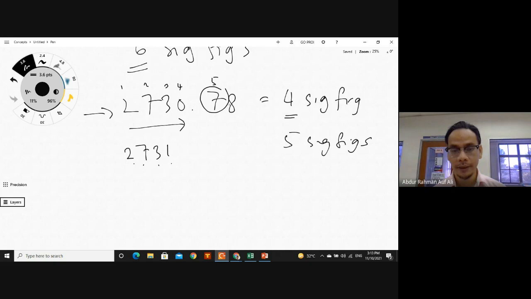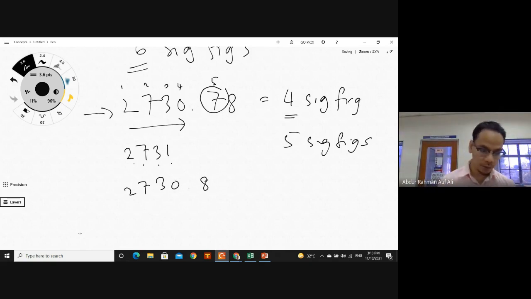So kalau kita bundarkan kepada 5 significant figures, kita akan dapat 273.8. Okay, so this is why kamu kena tahu how to determine which digit is significant. So that bila kamu nak buat rounding, kamu tahu which digit kamu kena bundarkan.